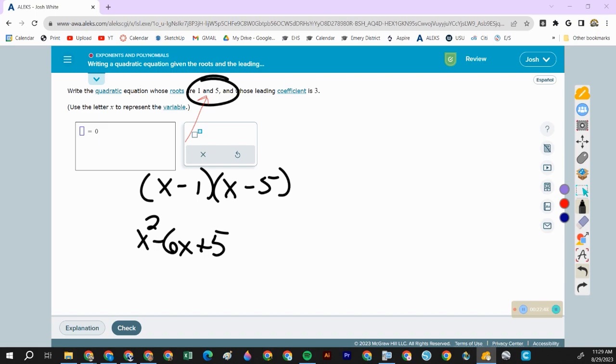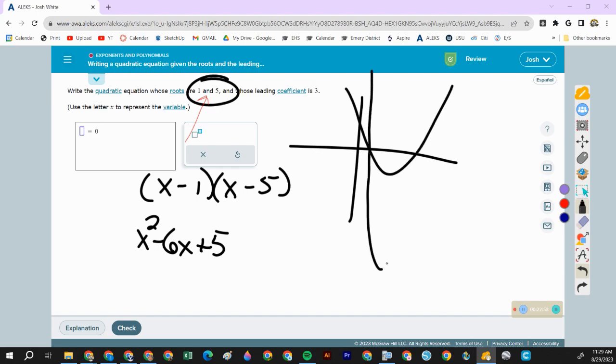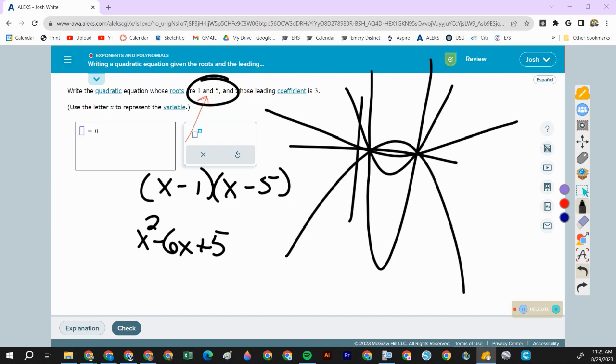How many different parabolas could I draw that hit the x-axis at 1 and at 5? So here's one, here's one, here's one, here's one. There are an infinite number. So this is sort of the most basic of all quadratics that satisfy that.